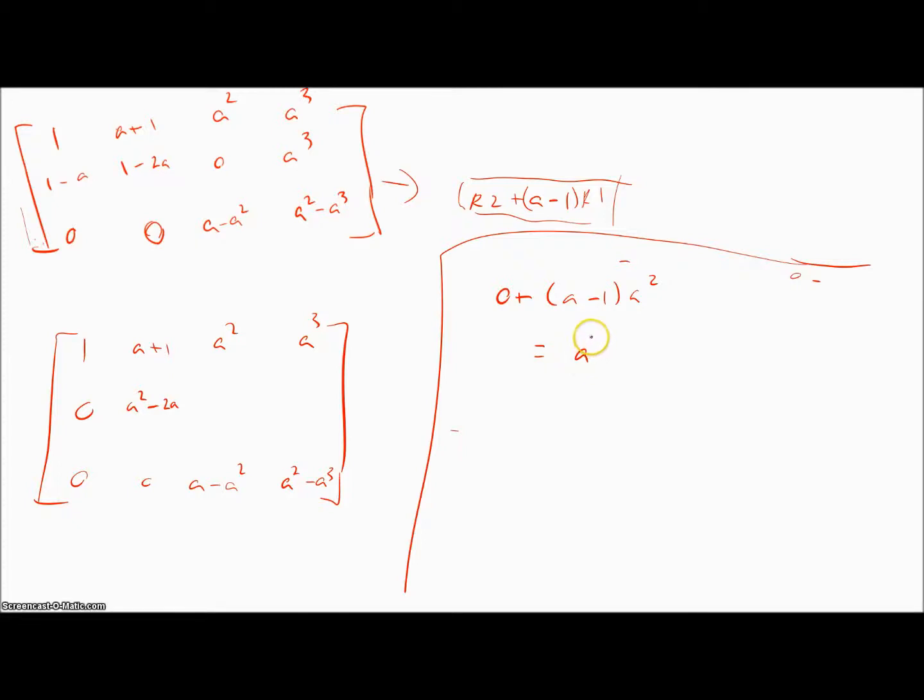A squared times a cubed, in here. I'm working through that kind of fast, but you can always go back and make sure the arithmetic works out right. The next one, a cubed plus a minus 1 times a cubed.